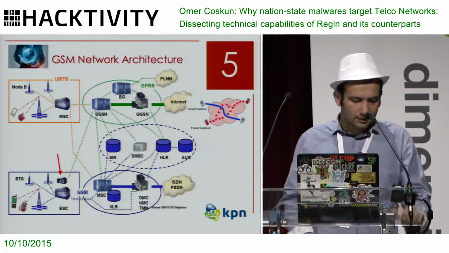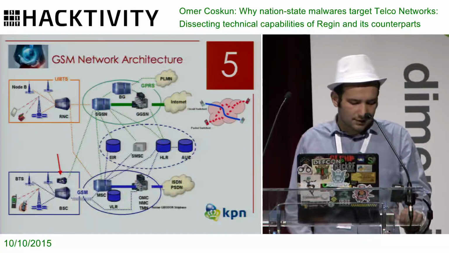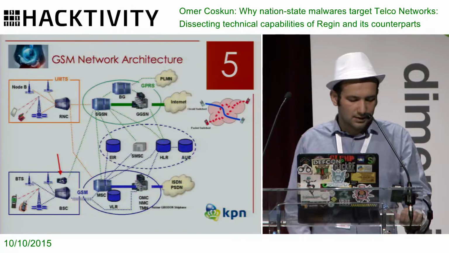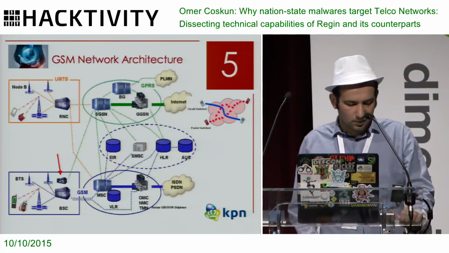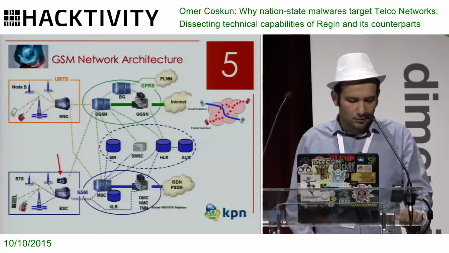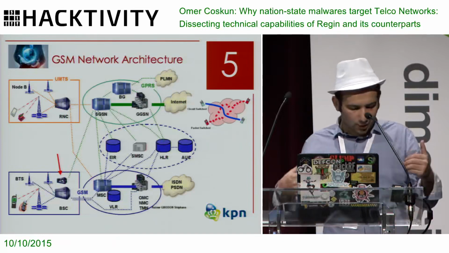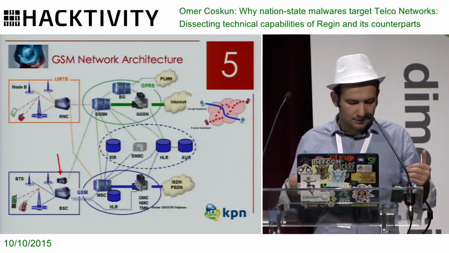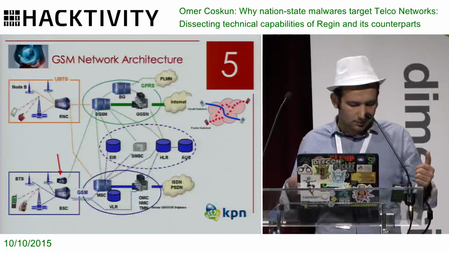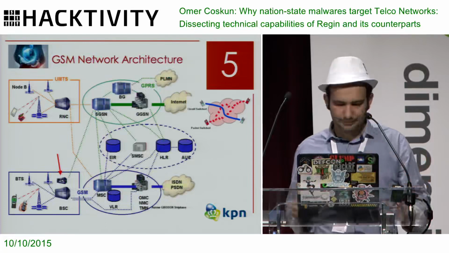And lastly, the VLR, Visitor Location Register, is a distributed database that temporarily stores information about the mobile stations that are active in the geographic area for which the VLR is responsible. A VLR is associated with a mobile switching center in the network. When a new subscriber roams into the location area, the VLR is responsible for copying subscriber information from the HLR to its local database.